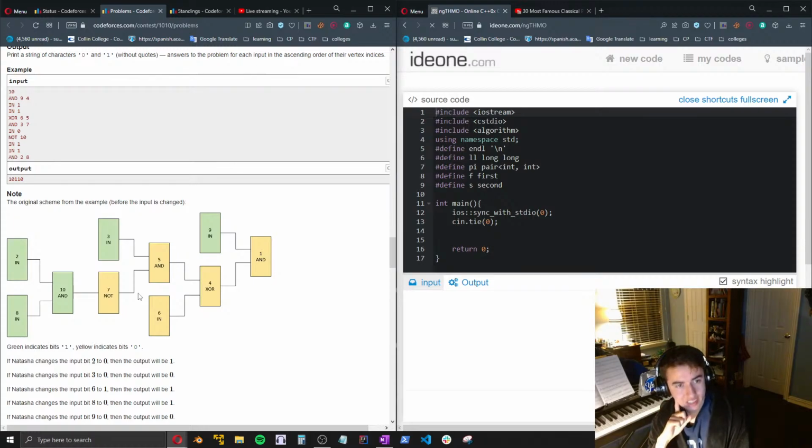So basically, we need to say, how does changing one value affect the results propagating upward? Well, this is a bit more tricky. So if Natasha changes the 2 value to 0, then the output will be 1. Changes the 3 to 0, output will be 0.